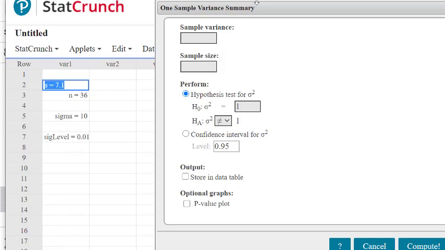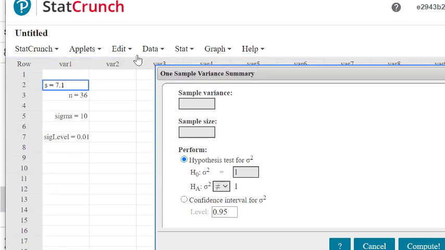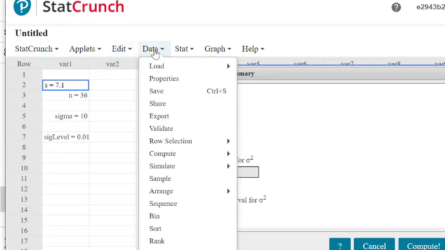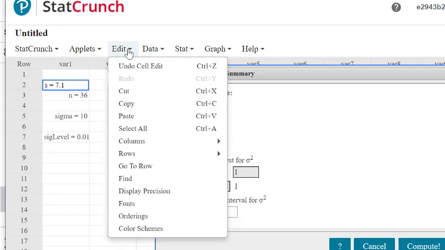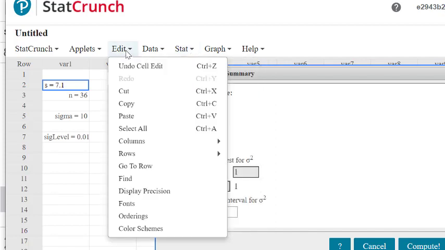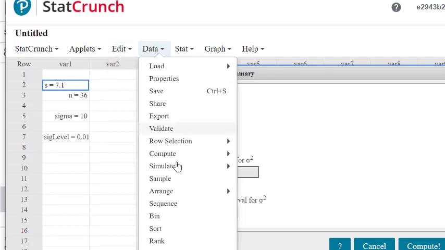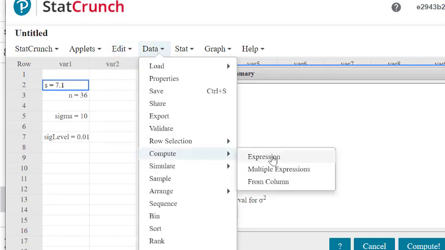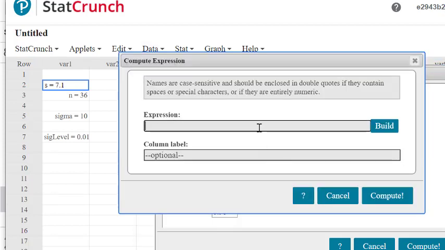And so I've noticed that we can use a command here. Let's see if I can find it. Data, where we're going to compute an expression. The expression is 7.1 squared, because s is a standard deviation, the variance is s squared.